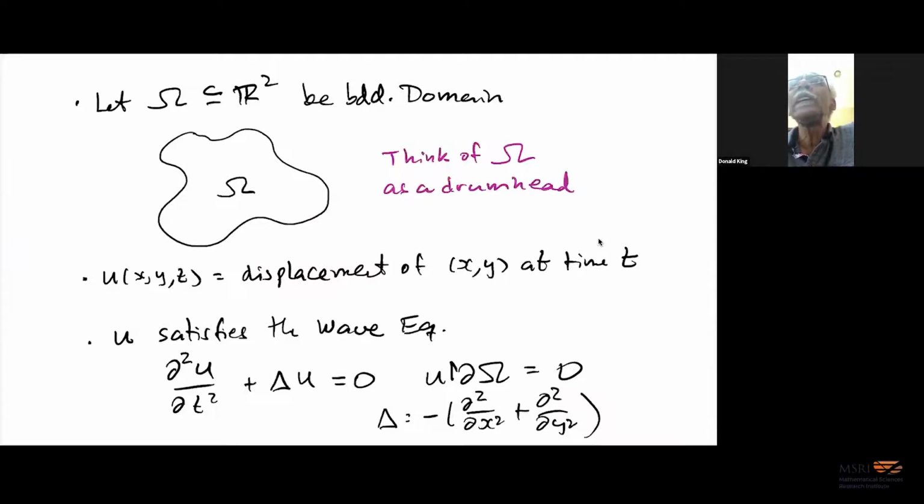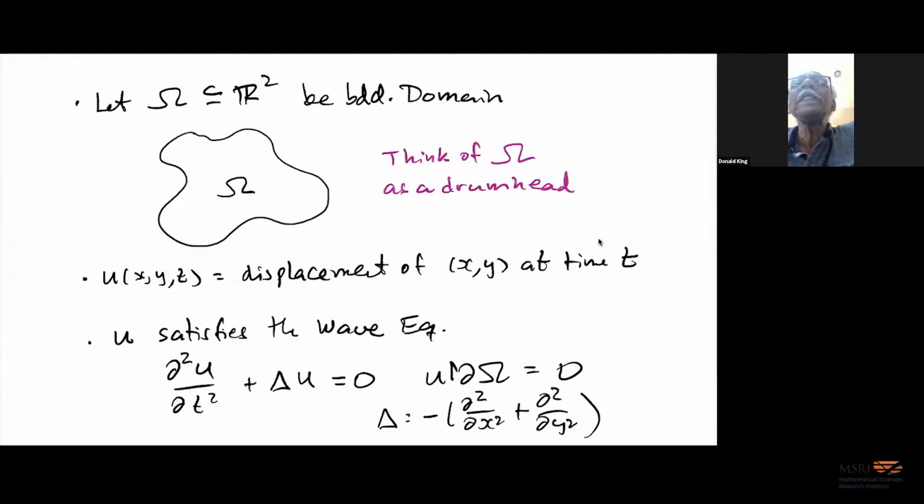We can think of omega as a drumhead, and we're interested in understanding the displacement of this region as you beat it with some object. And we call that displacement u of x, y, t.